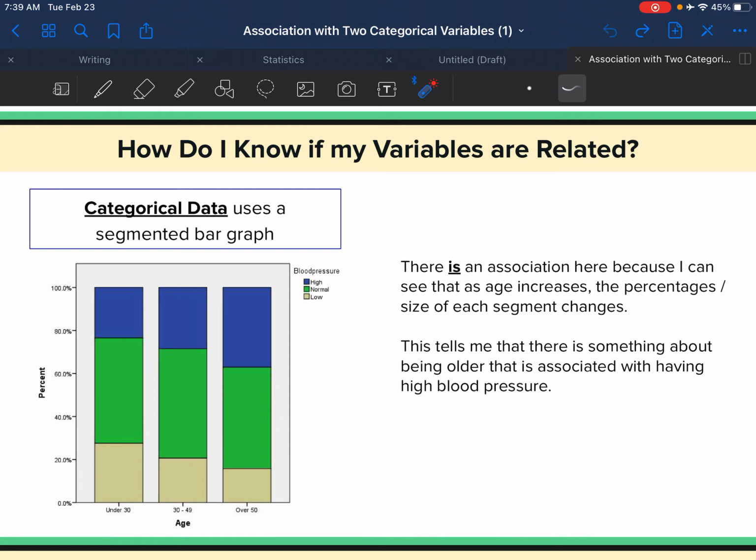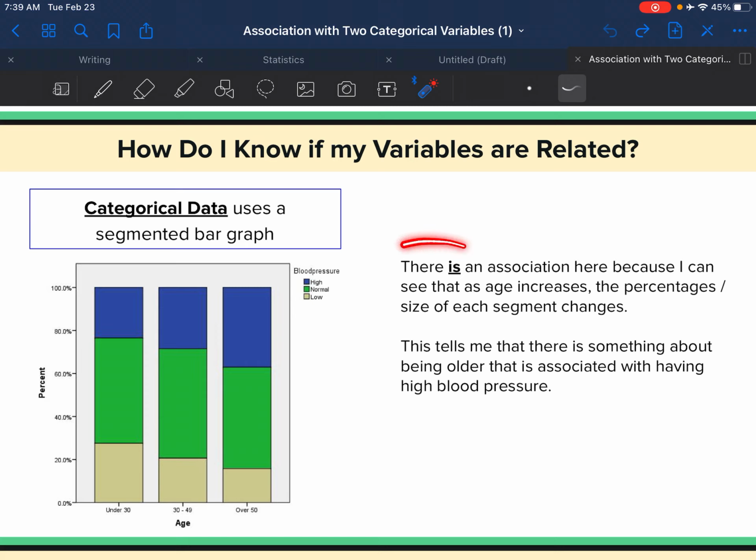So that tells me that there's something about getting older that increases your blood pressure. I can see like the high, this blue one, here, it gets bigger each time. So something about getting older, your blood pressure increases.